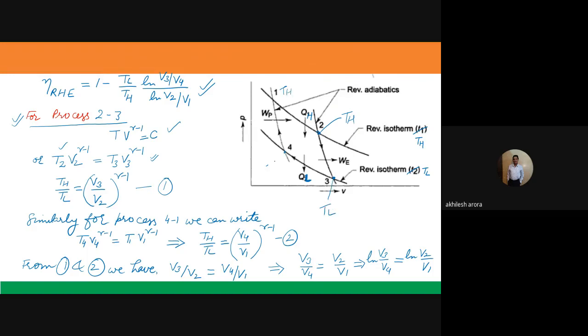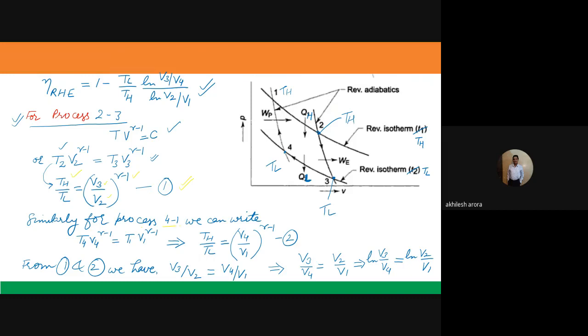T4 is TL. Because the process from 1 to 2 is at constant high temperature, whereas the process 3 to 4 is taking place at low temperature TL. So T2 is replaced here by TH, and T3 is replaced here by TL. So I can say that TH by TL is equal to V3 by V2 raised to power gamma minus 1. Let us call this equation 1.